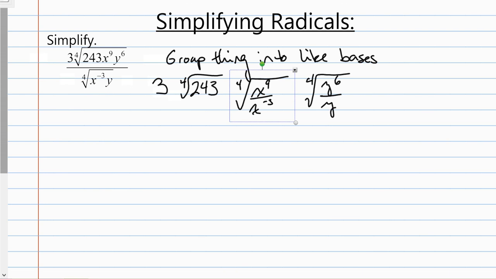Now, I don't know the 4th root of 243 off the top of my head, so we'll do our friendly factor tree. It would help if I start with the right number. Now, I'm pretty sure a 3 goes in here, and 81 times 3 and 27, actually, let's break 81 down a little bit easier. 9 and 9, 3 and 3, 3 and 3.